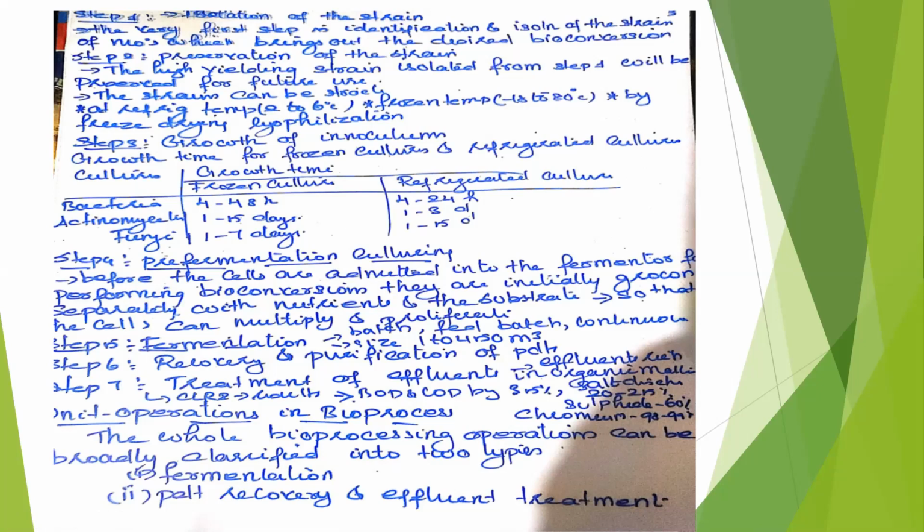Step 6 is recovery and purification: removal of solids, then primary isolation of products, and then product isolation and purification. And step 7 is treatment of effluent, that is effluents rich in organic matter. All these are the outlines of integrated bioprocessing, the different steps used in bioprocessing technology.